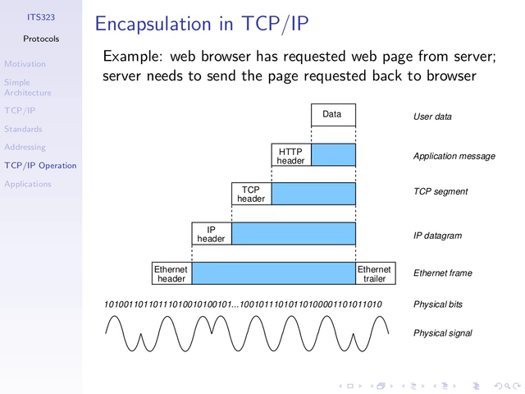We won't see all the details of how it works, but one thing it does, it also adds some extra information to identify which application is this coming from and which application is it going to. That is, it includes port numbers in the TCP header. So it takes all of this, adds a TCP header, and delivers all of that to the network layer.